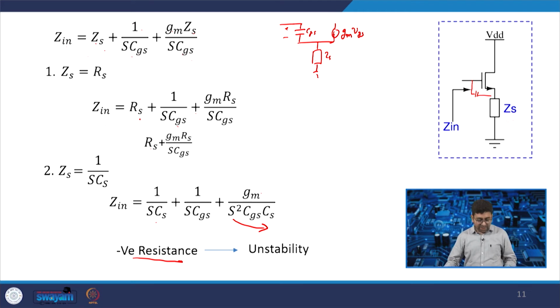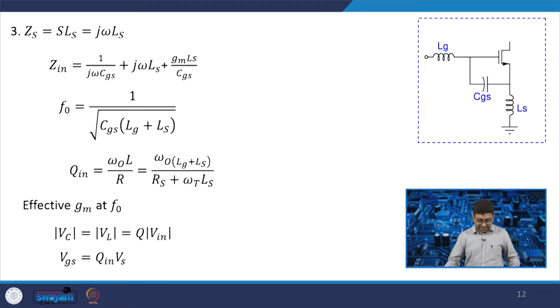Now, we have a third choice, that is an inductor. So, if we try to put here ZS equal to SLS, which is j omega Ls, then we can get Zin, which is equal to j omega Ls plus 1 by j omega CGS plus gm Ls by CGS.